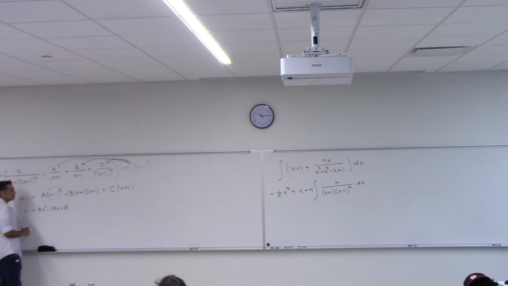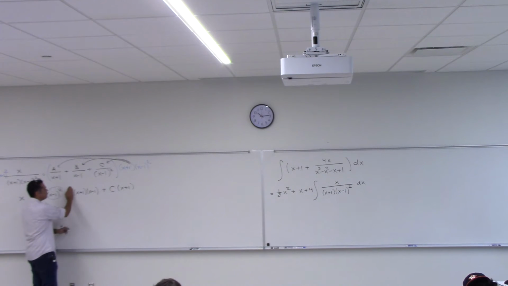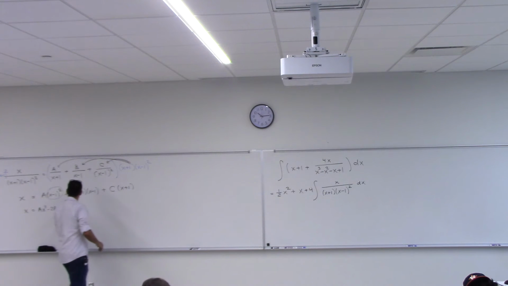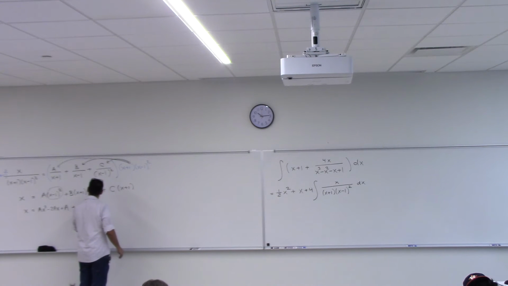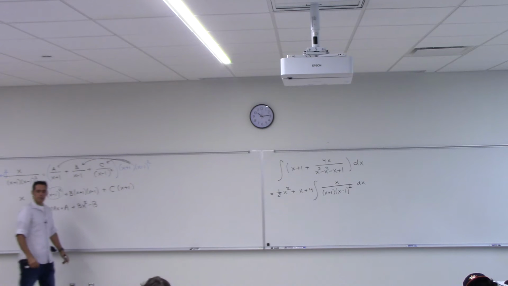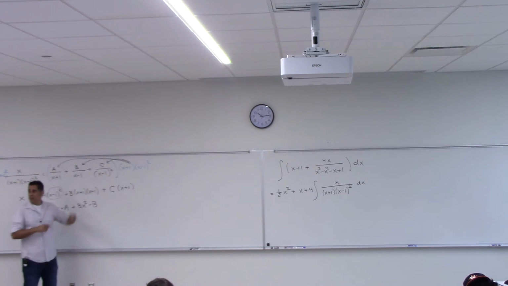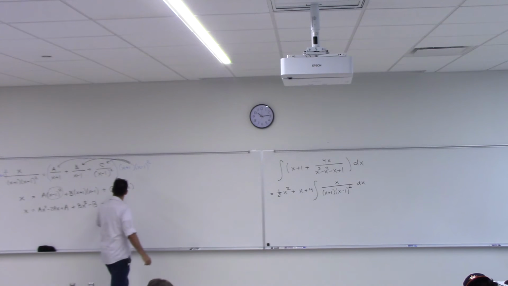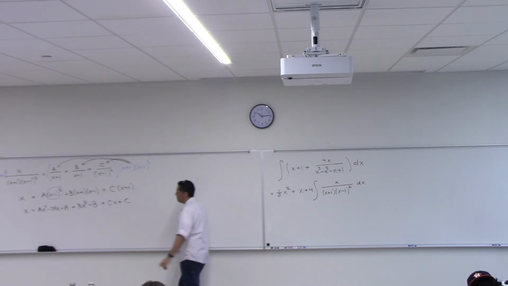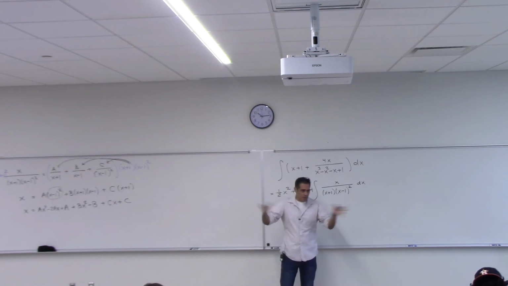Agreed? This one, when I multiply those two together, what do I get? X squared minus 1. And then I pass a B through it. So this is Bx squared minus B. And then on the last one, just pass your C through, and you get Cx plus C. I know I went kind of fast through that. I'm trusting you could expand that out.